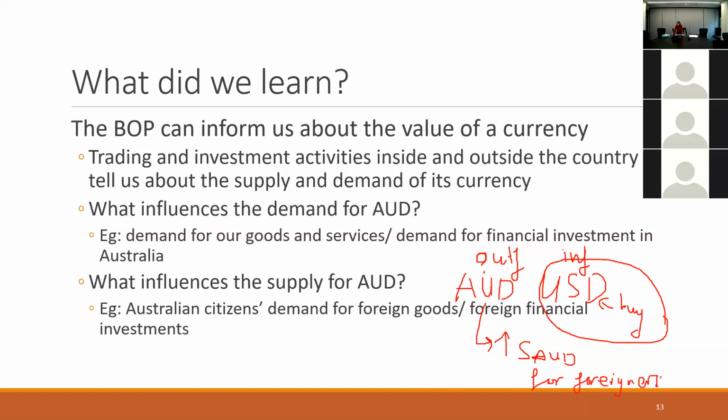Does that make sense to everyone? So there is an outflow of Australian dollars from Australia to the rest of the world, and therefore the supply of Australian dollars for the rest of the world would increase as well, right? So the amount of Australian dollars for the rest of the world increases through this action, yeah?